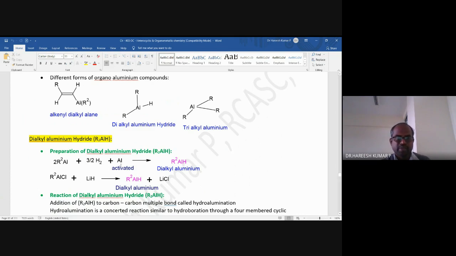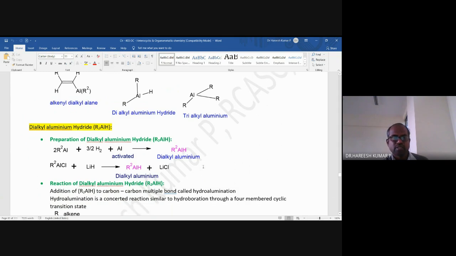There will be a reaction between the dialkyl aluminum, hydrogen, and activated aluminum. The obtained product is dialkyl aluminum hydride; I have not written hydride here, so you have to add it. In words, dialkyl aluminum hydride is obtained by the reaction of dialkyl aluminum with hydrogen in the presence of activated aluminum.